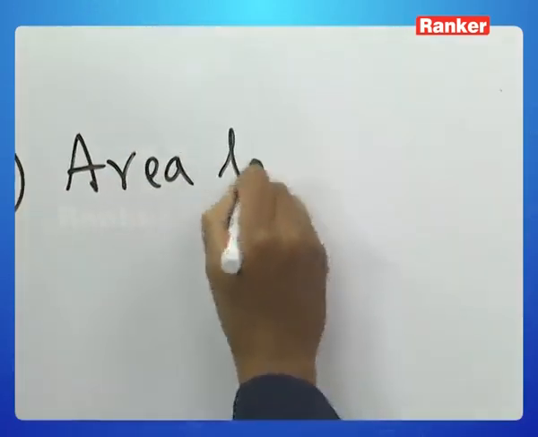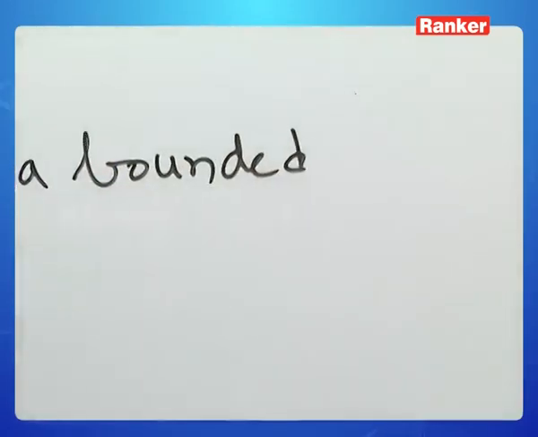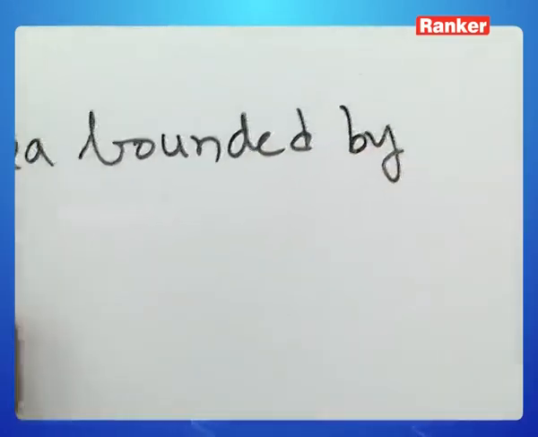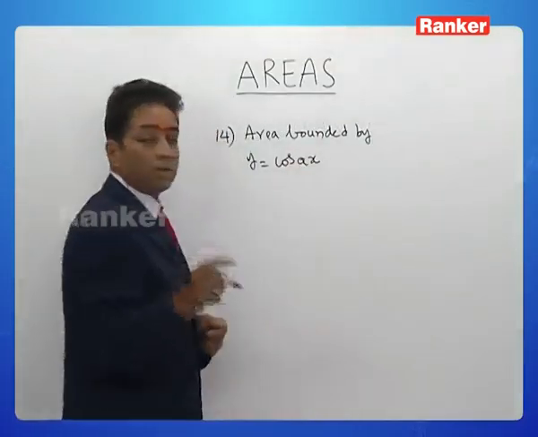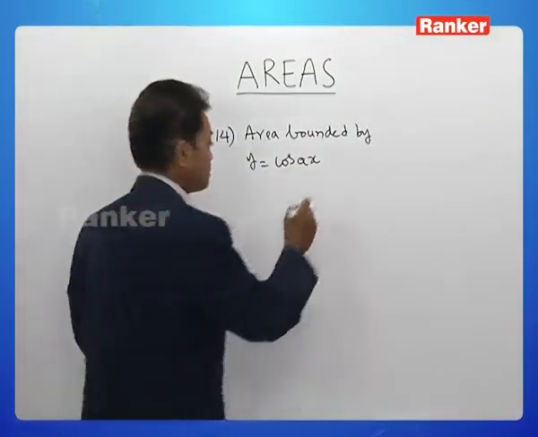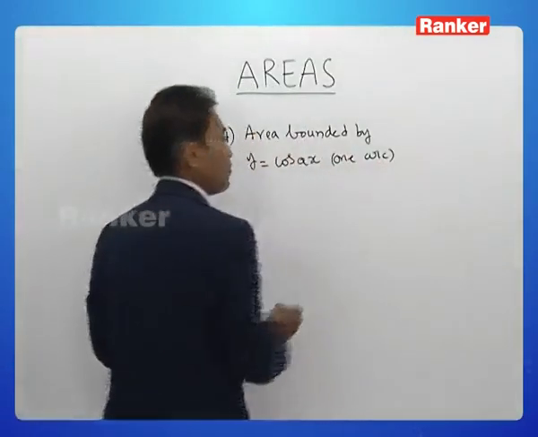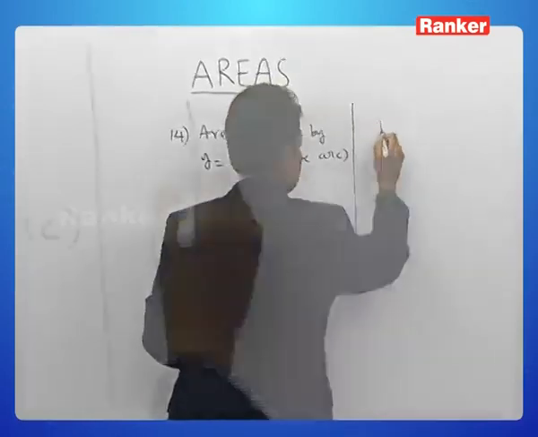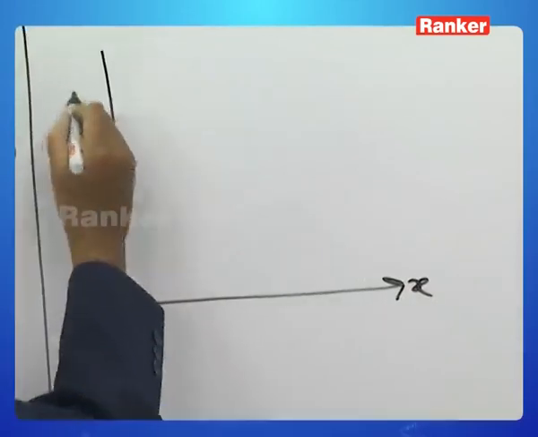Area bounded by y is equal to cos ax, one arc. Let us see what is one arc. So as usual, y axis, x axis, origin.